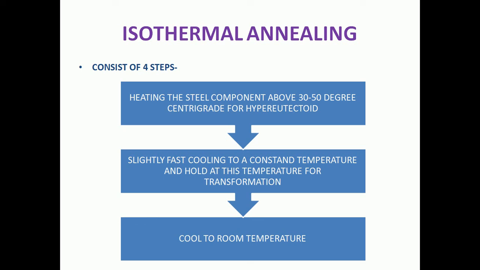Then cool to room temperature. So why is this known as isothermal? Because we slightly cool the component to a constant temperature, and we hold it at a constant temperature. So it mainly involves four steps.